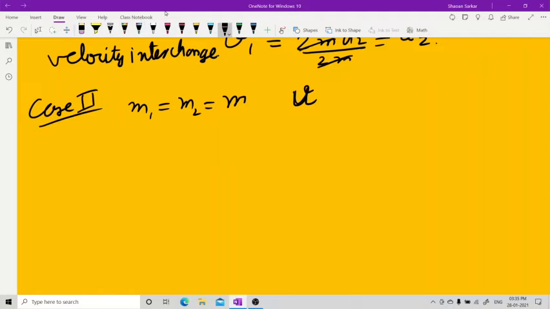The u2 is at rest. u2 is 0. Now if you see this, u2 is 0, that means your equations are v1, and when u2 is 0 and both masses are same, let's check what is v1.